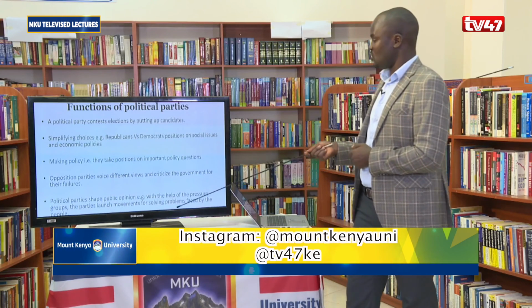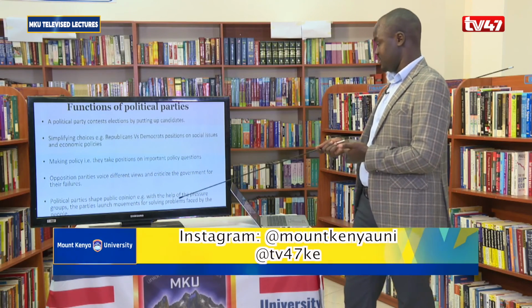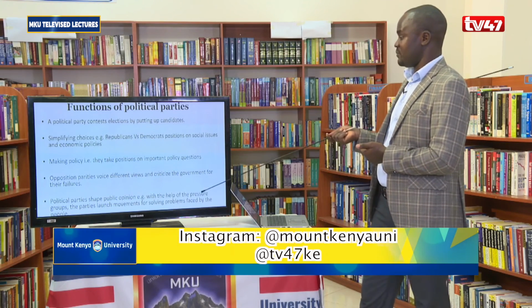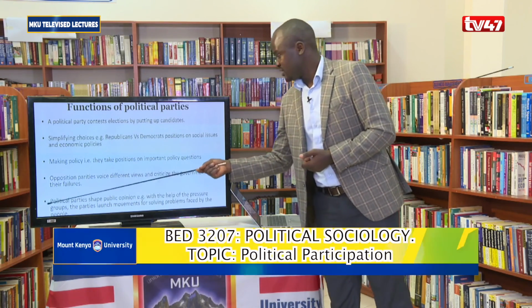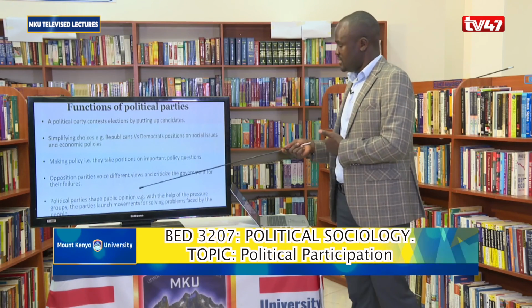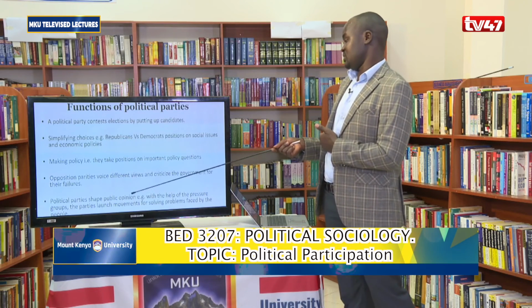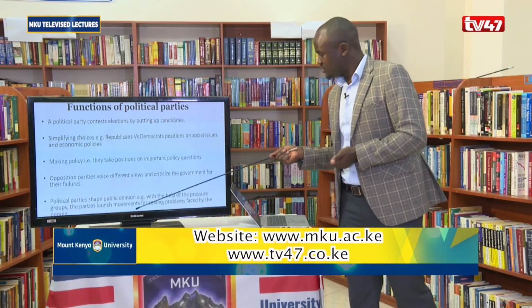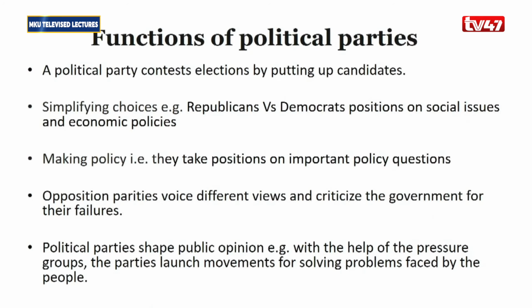So political parties also give help to pressure groups when solving some of the problems facing society. They voice out or work in collaboration with some of the pressure groups or civil societies to ensure that the issues affecting society are voiced out such that action can be taken.